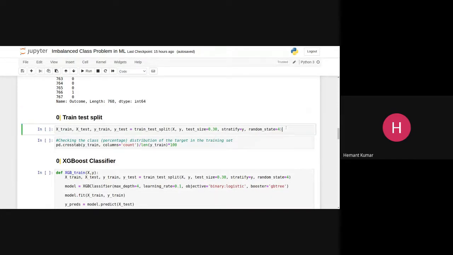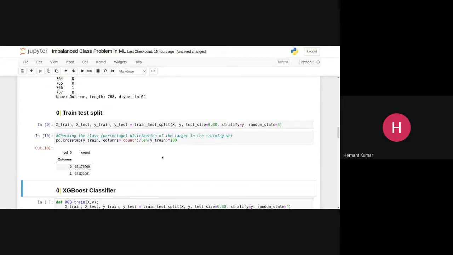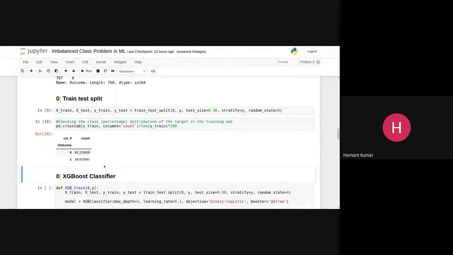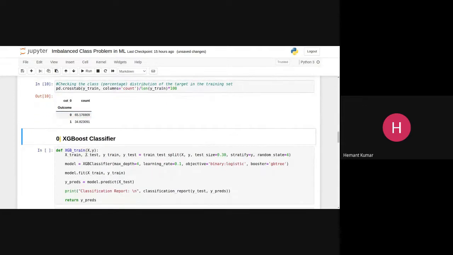The classes are about 65% class 0 and 34% class 1.